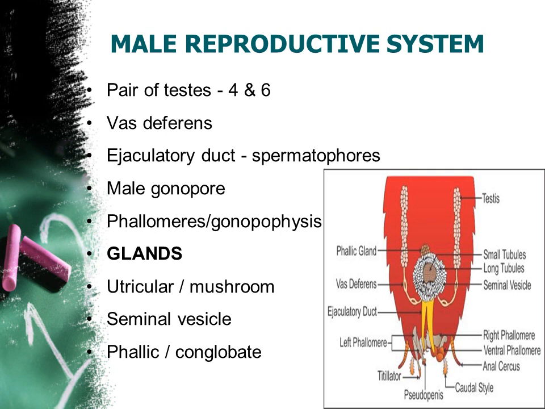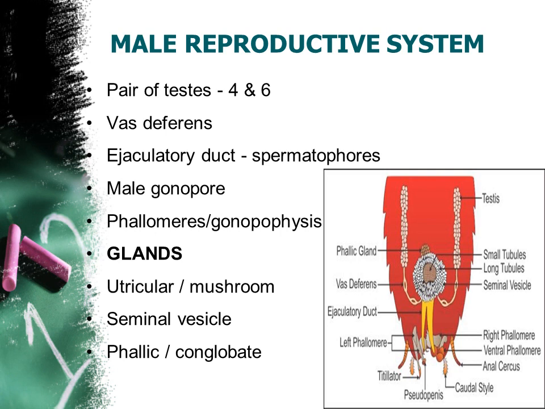Let us see what organs are involved in this male reproductive system. Of course, the major reproductive organ is the testis. Here also a pair of testes is there, located in the abdominal region from segment number 4 to 6. Look at the figure which is displayed there. Can you watch the testis there?